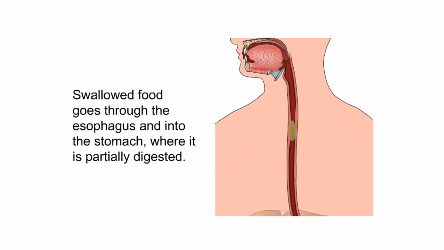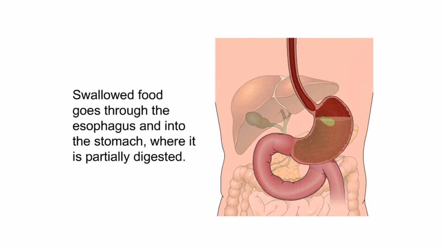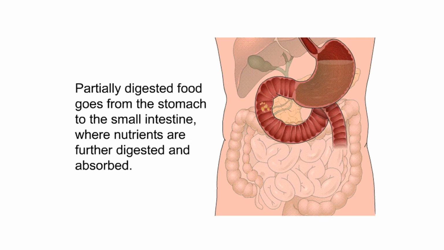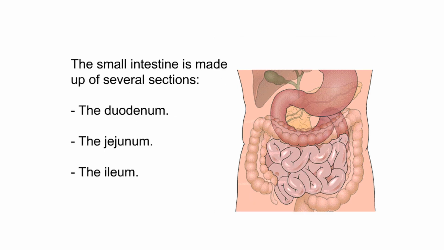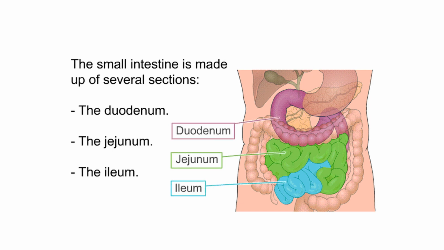Swallowed food goes through the esophagus and into the stomach, where it is partially digested. Partially digested food goes from the stomach to the small intestines, where nutrients are further digested and absorbed. The small intestine is made up of several sections: the duodenum, the jejunum, the ileum.